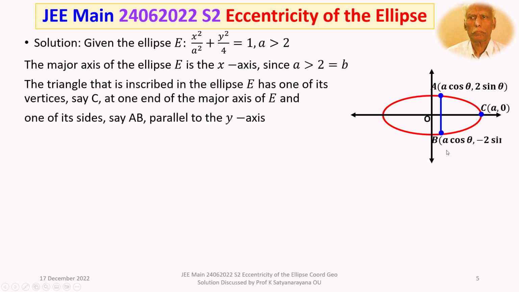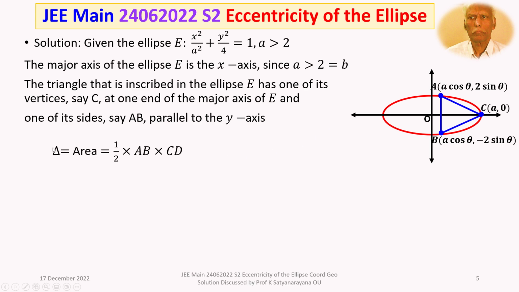That of B will be a cos theta comma minus 2 sin theta because it is in the fourth quadrant. So these are the coordinates of A and B that we have taken, and the triangle is this one. The area of such a triangle we have to find.